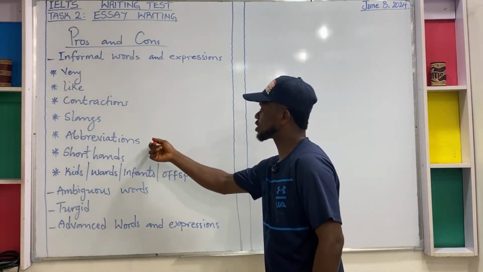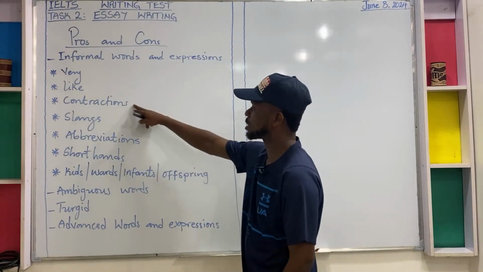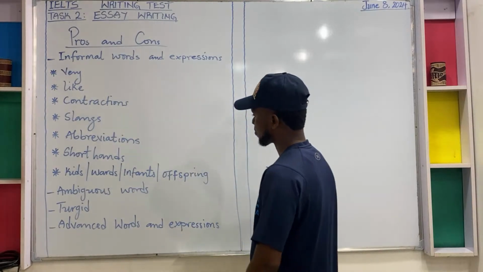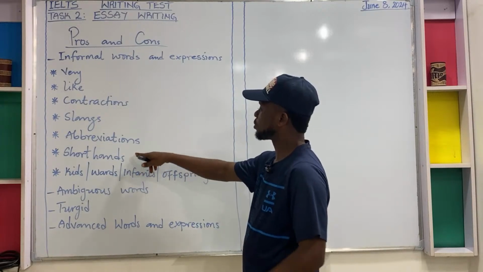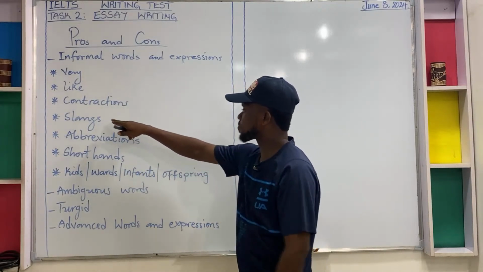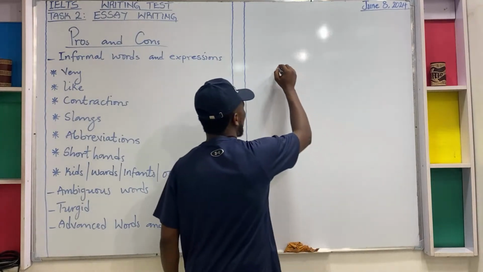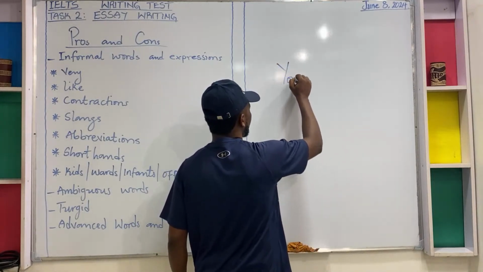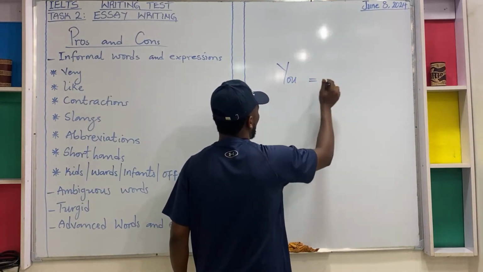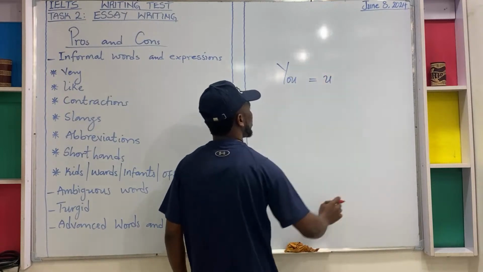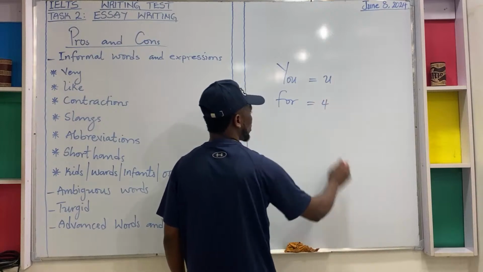Then abbreviations, avoid abbreviations. Abbreviations are, in a way, synonymous with contractions. Avoid shorthands. Shorthands are also forms of contractions, but they are more like slangs, where people, because of addiction to chatting on their phones, instead of writing YOU, they would write U. Instead of writing FOR, they would write number 4.